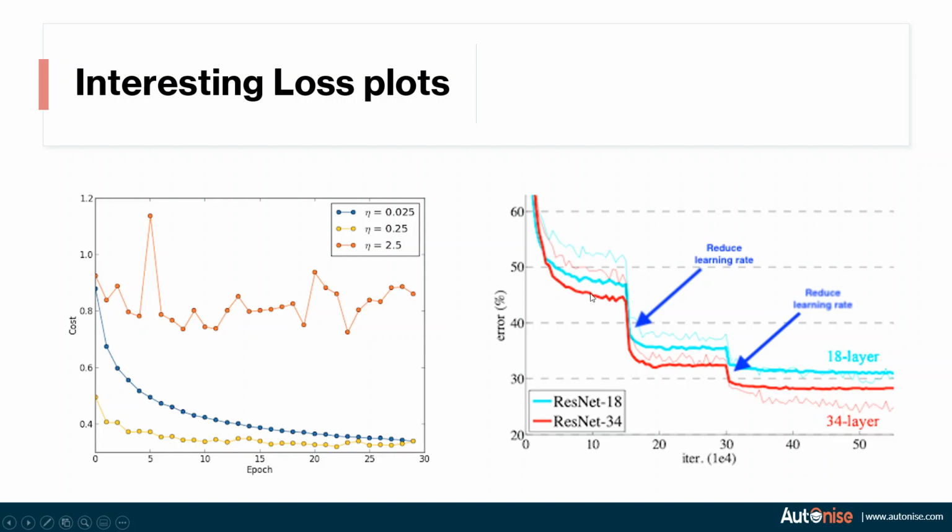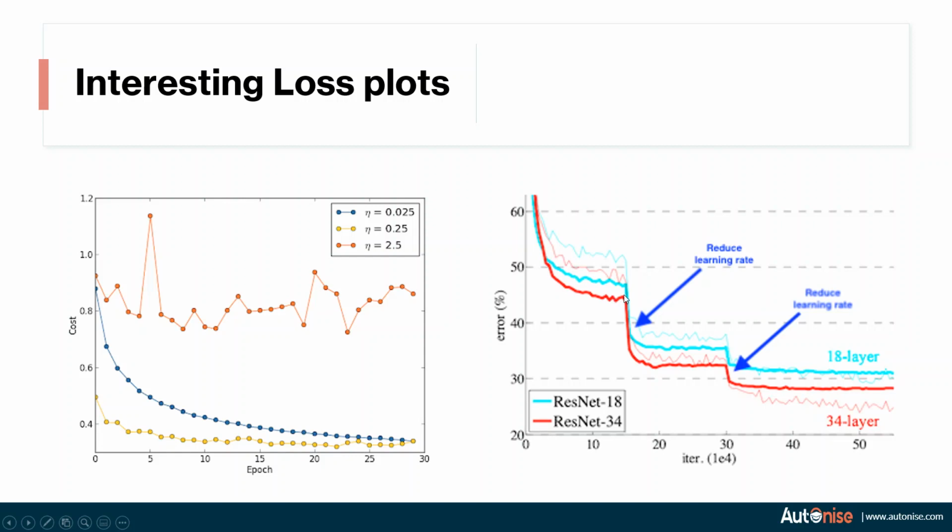Why does the graph drastically change after a certain number of iterations? As you can see, the answer is that when you reduce the learning rate, the model drastically converges to that local minima. So we start with a higher learning rate and we keep on decreasing the loss function value. But after a certain time, the model keeps on oscillating in the local minima and it's not able to converge because the learning rate is very high.